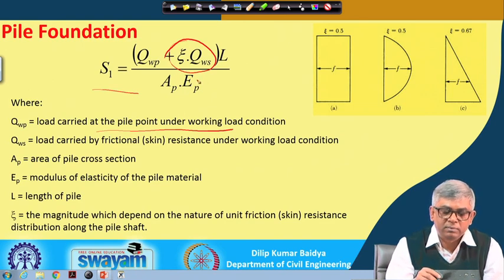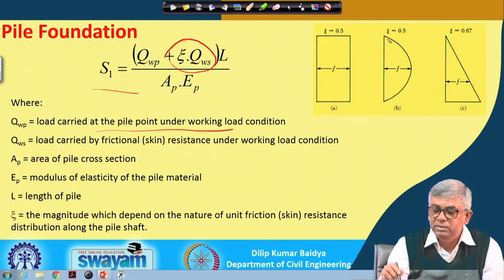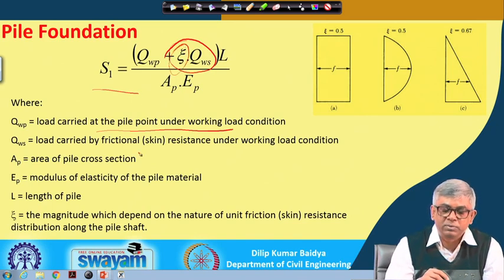But there is a provision kept here, epsilon times Q_WS, that means the frictional force distribution: whether it is a uniform distribution, a parabolic distribution or a linear distribution like this, accordingly this value is introduced.